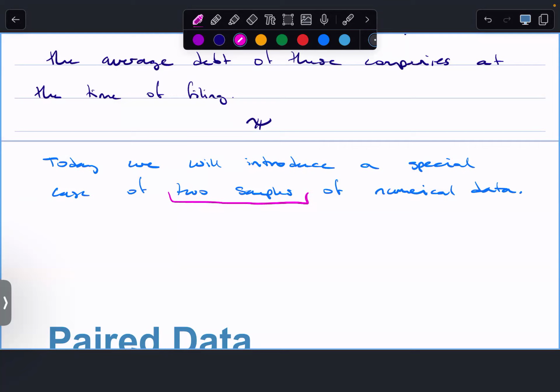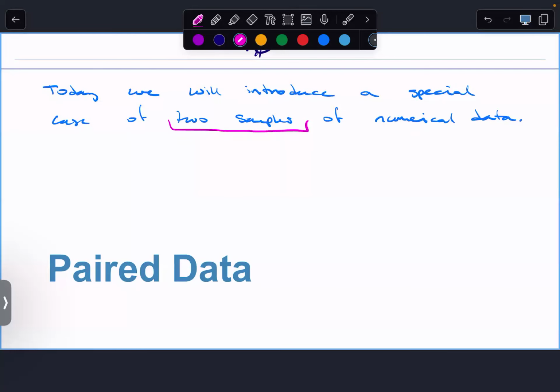So if you imagine your spreadsheet, right now I have 2 columns, sample 1, sample 2, but the special case, this is your spreadsheet.